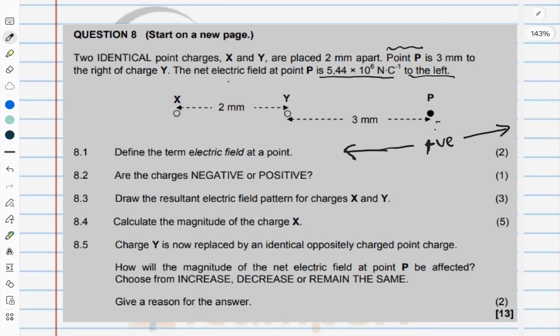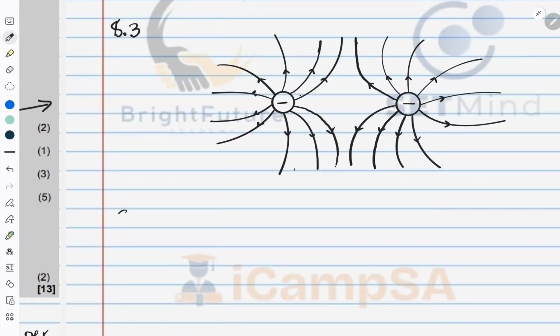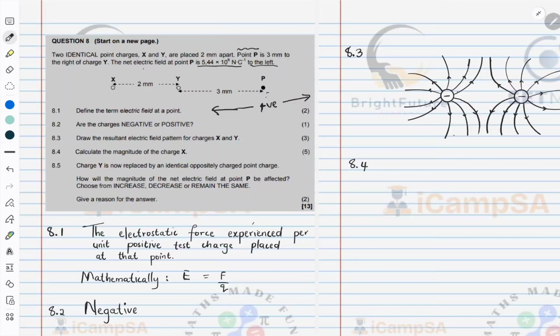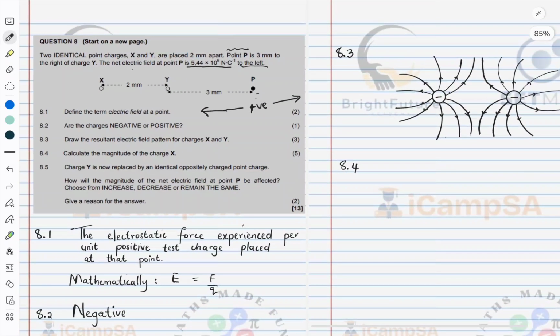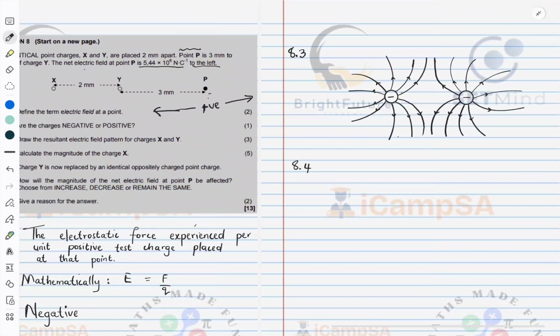Okay, so let's go to 8.4. We are asked to find the magnitude of the charge X. Even if we find the magnitude for the charge Y, it will be the same as charge X. So remember, at the start of the problem, we were told the net electric field at point P. What that means is it would be E1 plus E2, or EX plus EY.